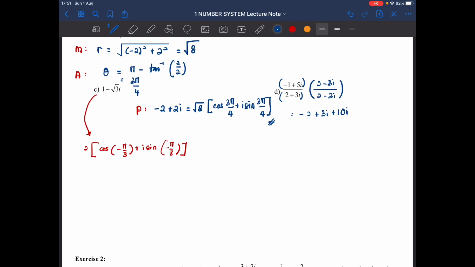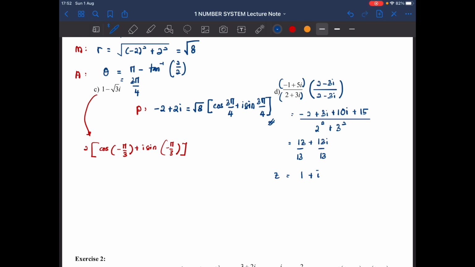So i squared becomes negative, so this becomes positive 15. For the denominator, we can apply a squared plus b squared, since a plus bi times a minus bi gives 2 squared plus 3 squared. Now just simplify. We get 13 plus 13i over 13. So we can simplify and we have 1 plus i. Okay, this is our complex number.